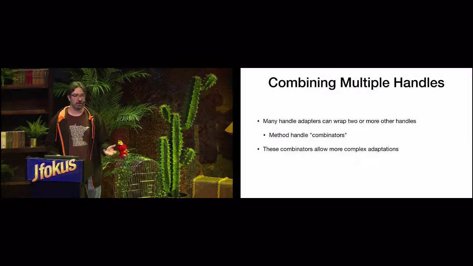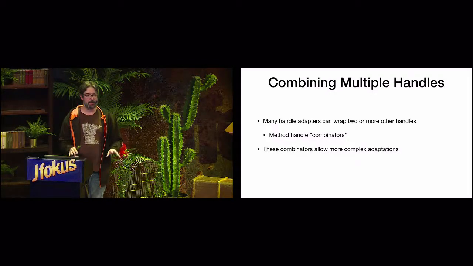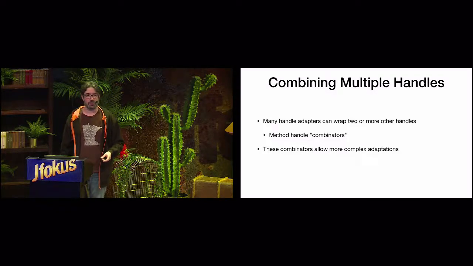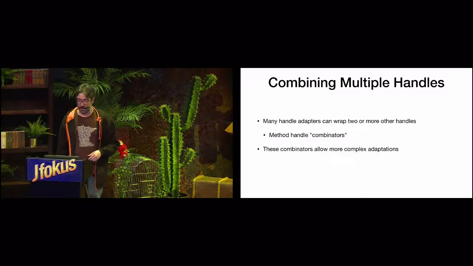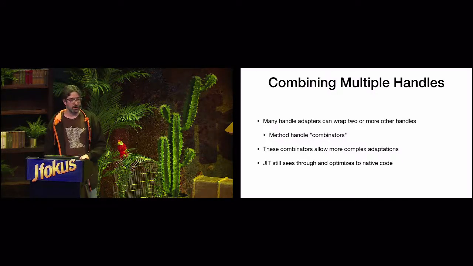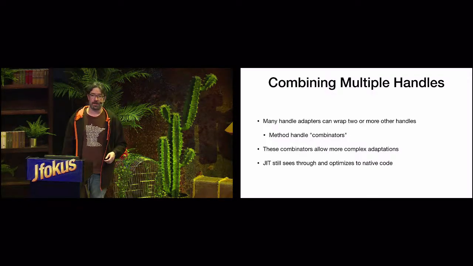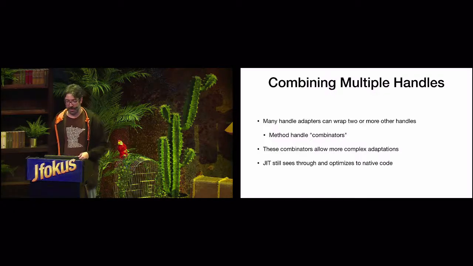These combinators allow you to build arbitrarily complex trees of method handles that will do all sorts of logic. Everything that you could represent in a piece of Java code can then basically be turned into method handles, passed to the JVM, and compiled down as a little function object. And the JIT still sees through all of this. It takes that code and generates largely the same assembly, the same native code that you would see if you wrote it in Java by hand.